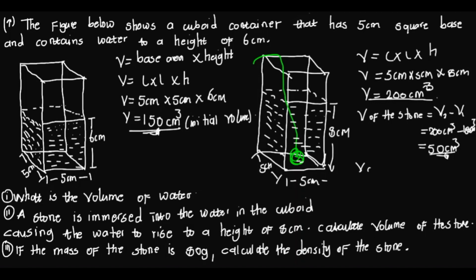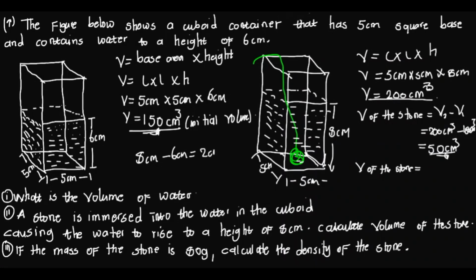We can now say volume of the stone. This time, let's just look at the increase in terms of height. So we find the difference between the initial height and the final height. The final height is 8 centimeters minus the initial height of 6 centimeters.